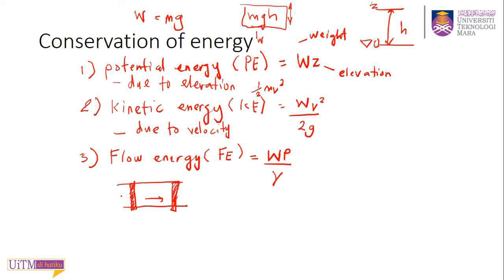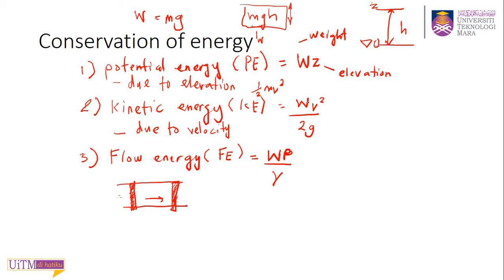The flow wants to push the work from one point to another point. So it needs some energy to do some work. You know energy, work, whenever you want to do work, you need energy. So this flow energy is the work done by moving from one point to another, and we can calculate it by this equation, the weight times the pressure. This is not rho, don't confuse, it's P, pressure, over specific weight.